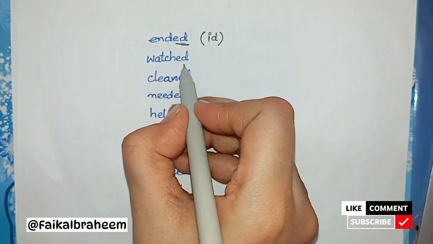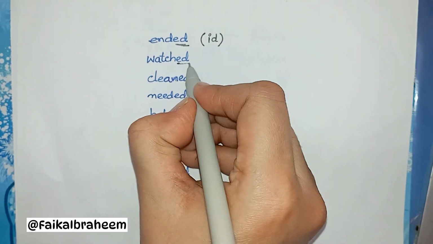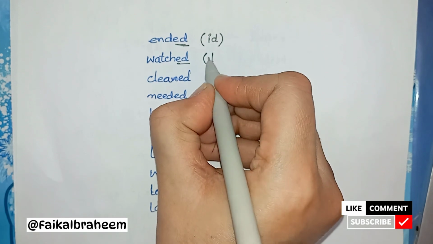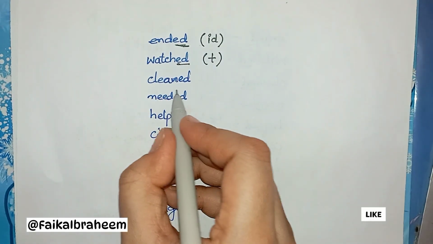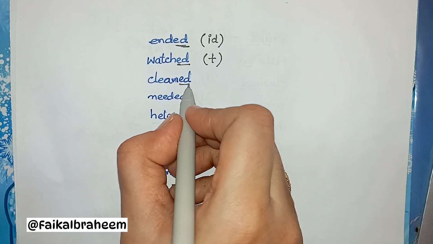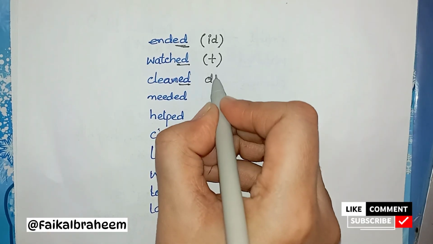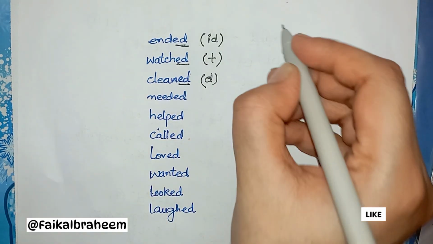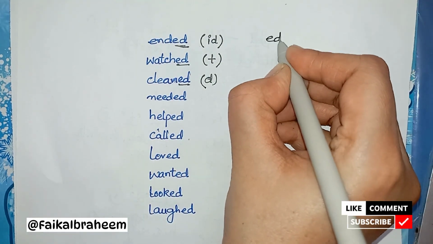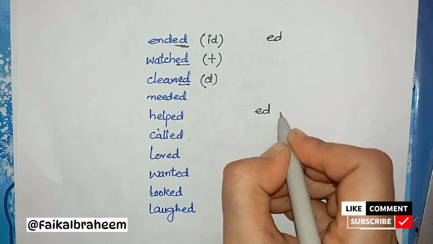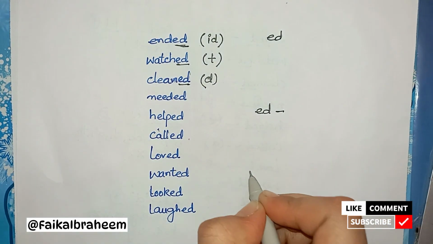And this is watched. Here ed is pronounced as t. So the ed has three pronunciations: id, t, and d. 1, 2, and 3.